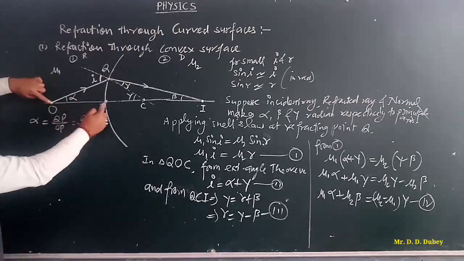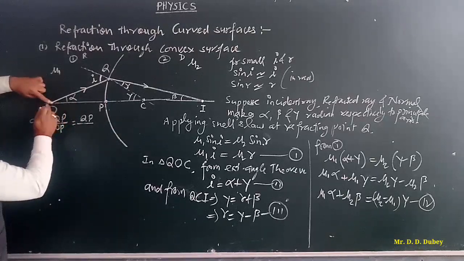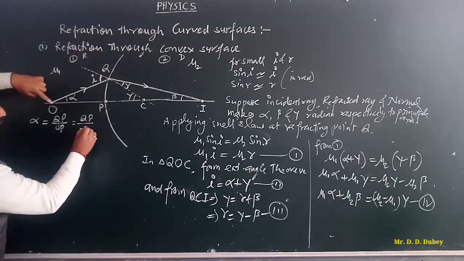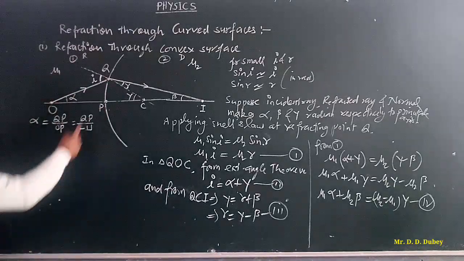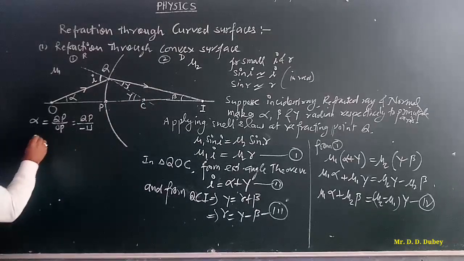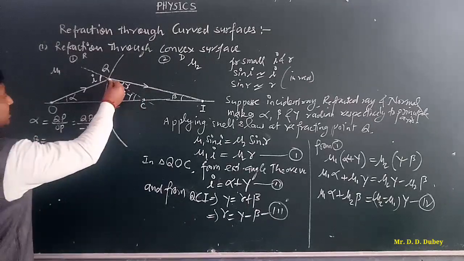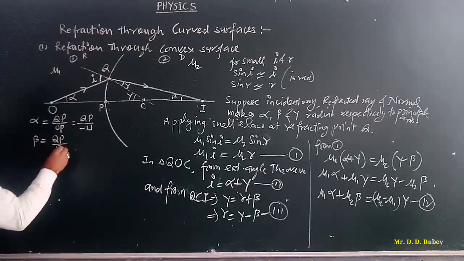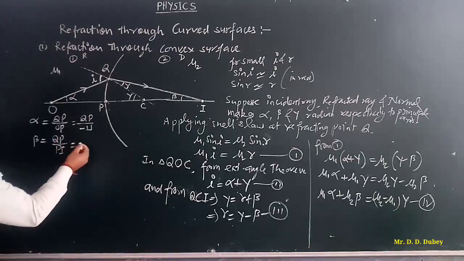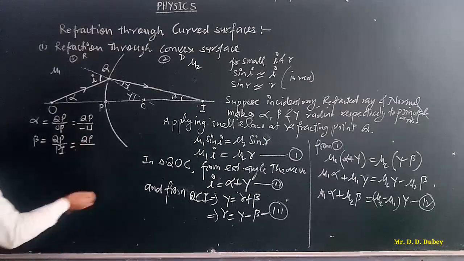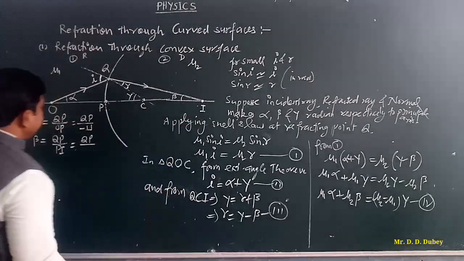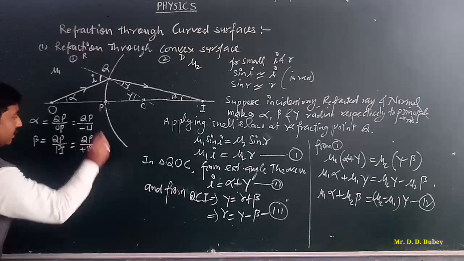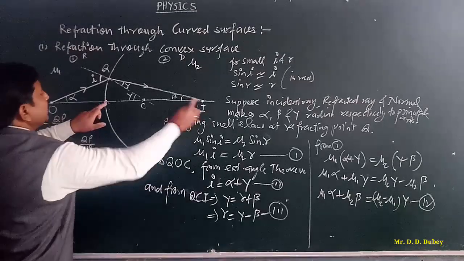This is the object distance, opposite to the incident ray, so it is taken as negative u. Similarly, beta can be taken as QP by PI, which is equal to plus v. This is the image distance.